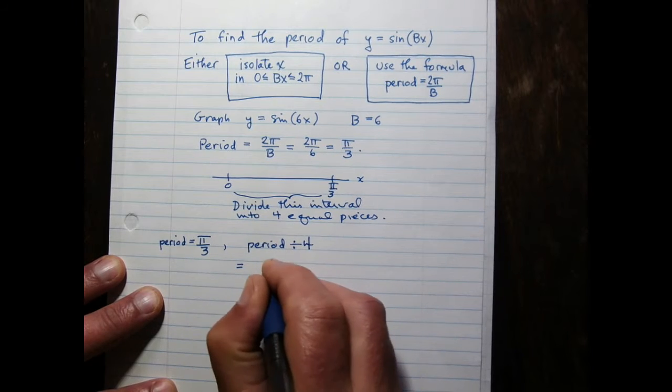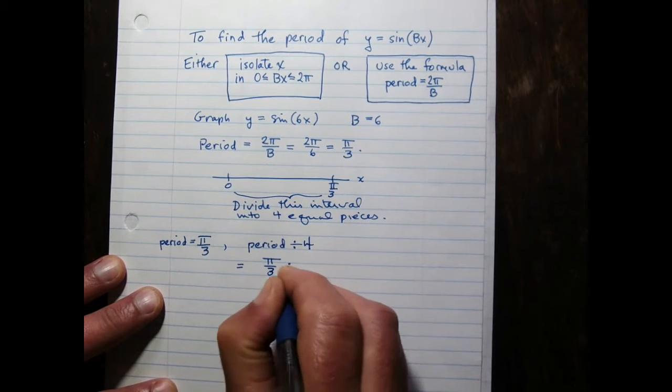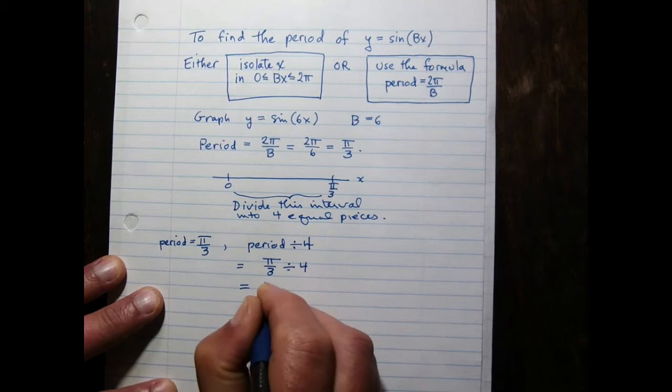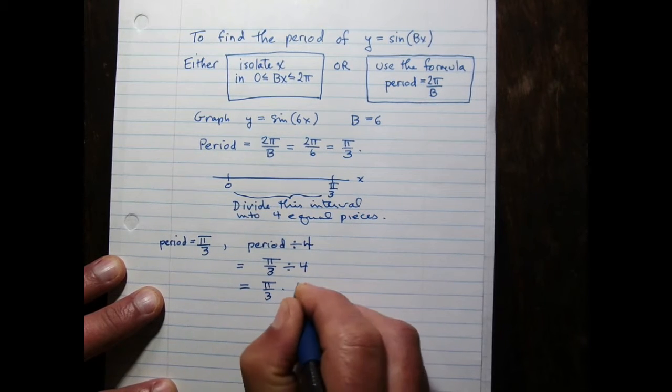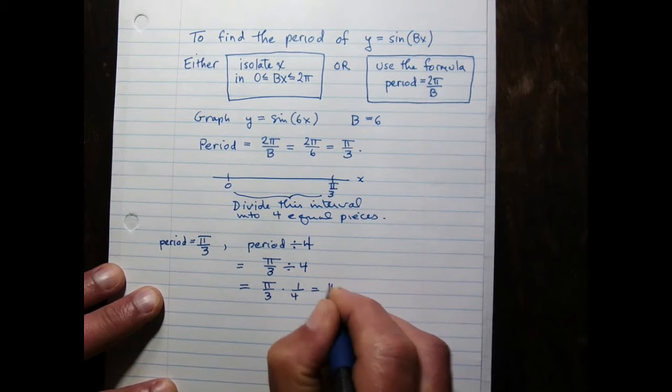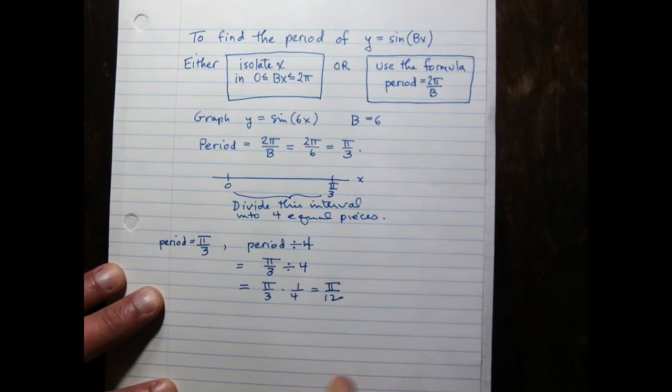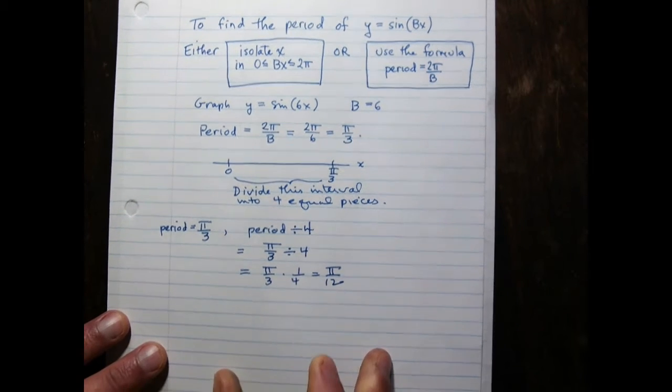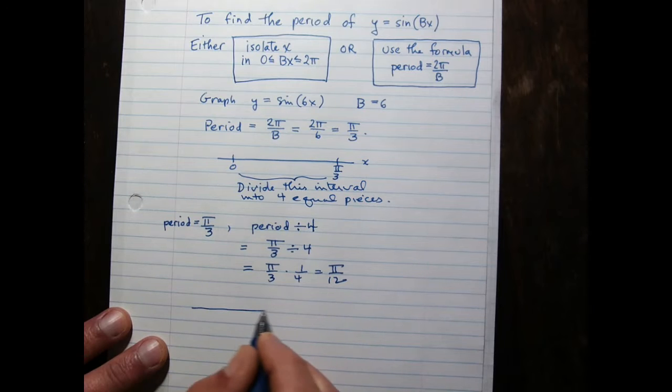So I'm going to take pi over 3 and divide by 4, which is pi over 3 times a fourth, or pi over 12. So this pi over 12 is going to be a useful x value.